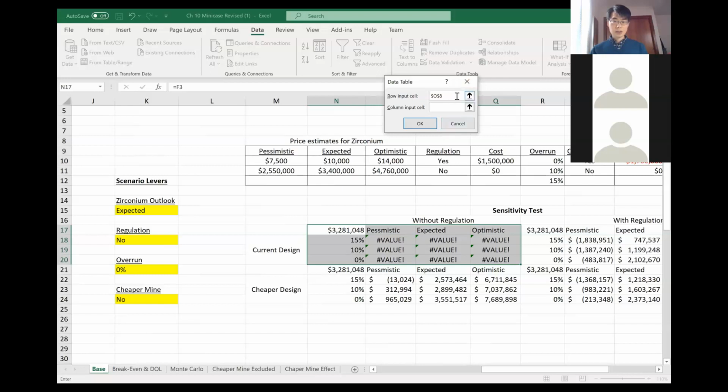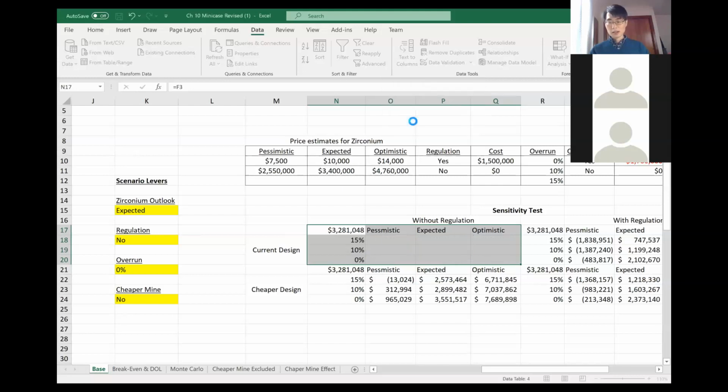Not O15, K15. And the column input cell is this. Then press OK, and everything will be fine.